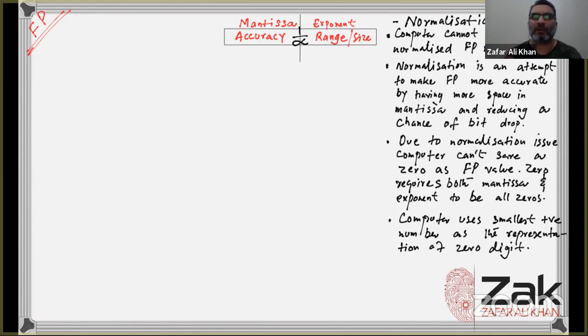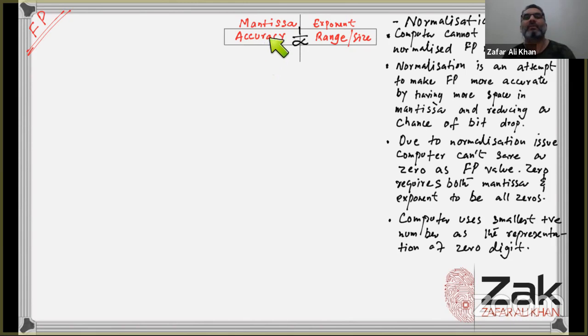As of now, we know that if we have got a number in exponent, that means how many times we are moving the point. So if we move the point to the farthest side on the right, that means that we are increasing the range. If we are moving the point to the farthest side towards the left, it means that we are decreasing the range or the size of the number.